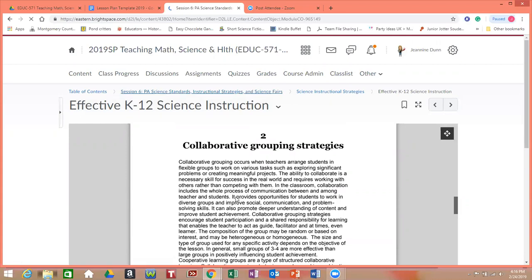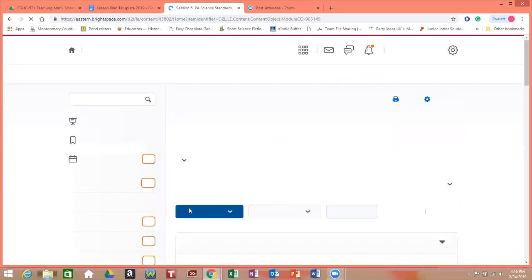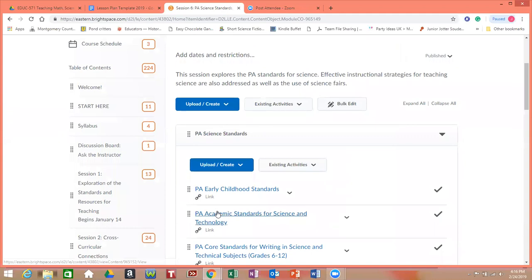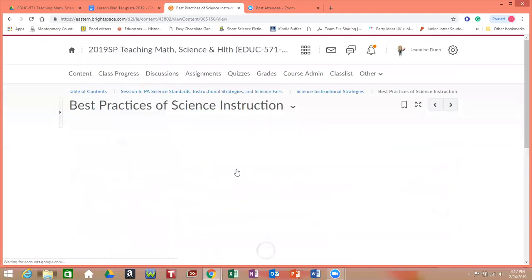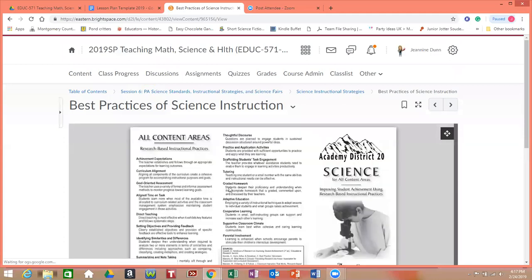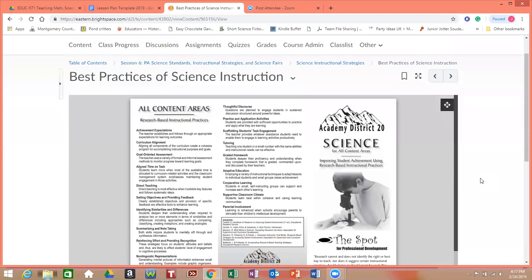All right, heading back to the section. This next document actually starts off with listing best practices for all instruction. It's not really just focused on science.